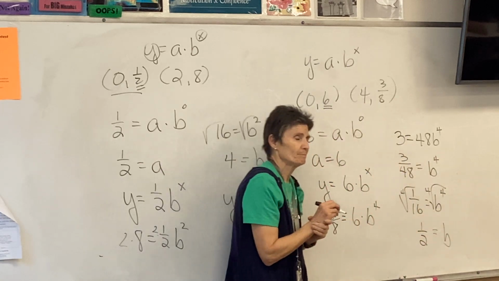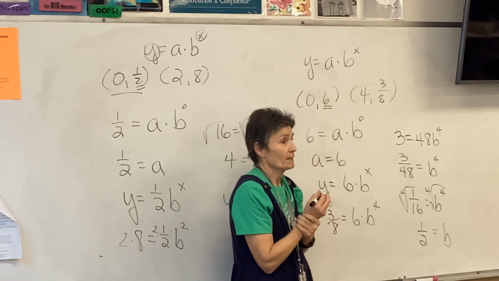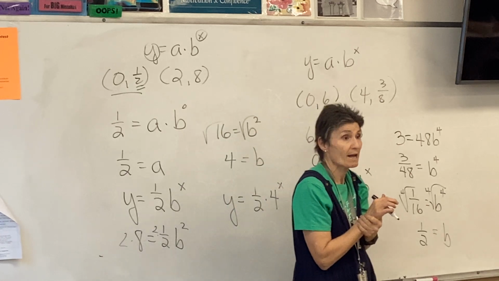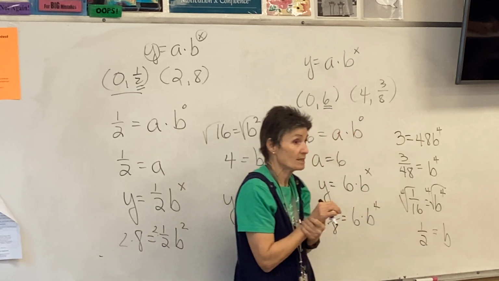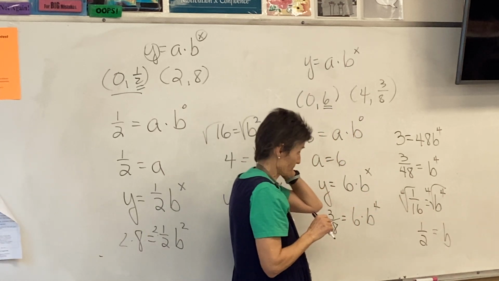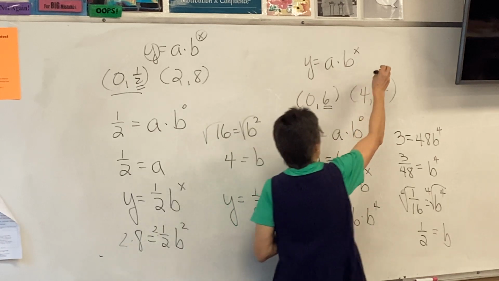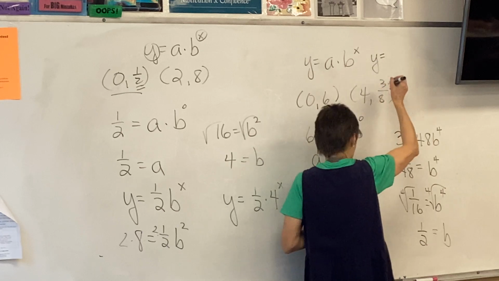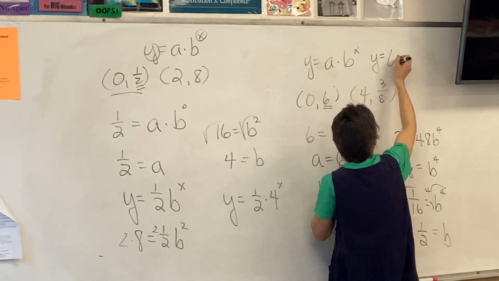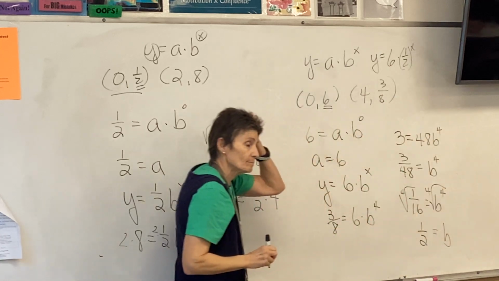That's kind of a popular number, but the 4th root of 16, kind of like the cube root of 27 is 3. So anyway, b is 1/2, so what's my answer? Y equals 6 times 1/2 to the x.